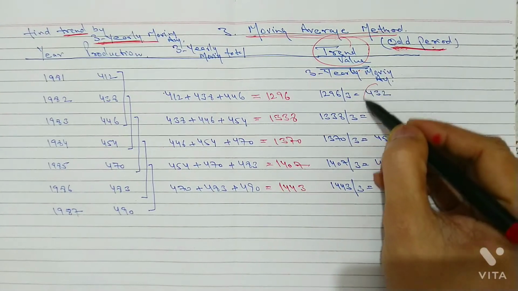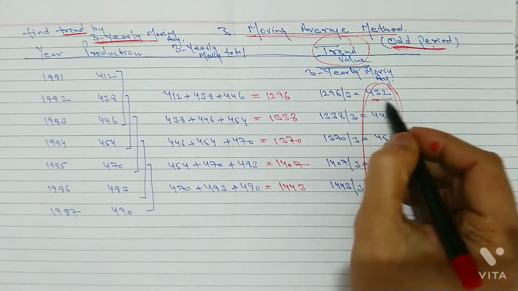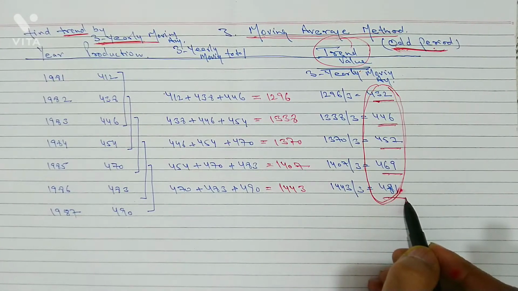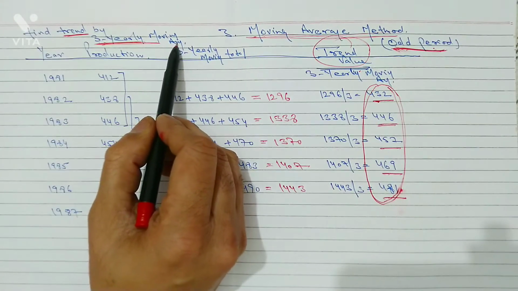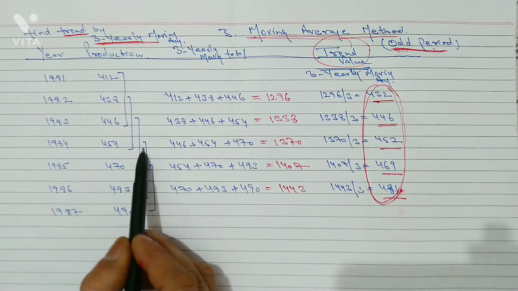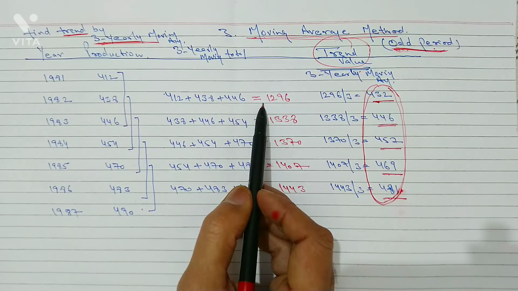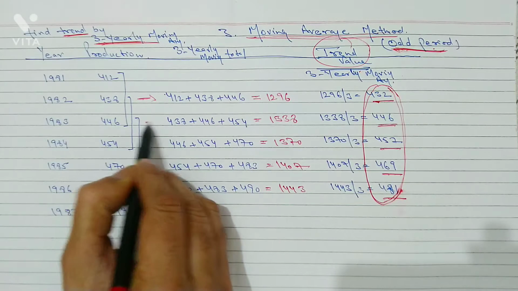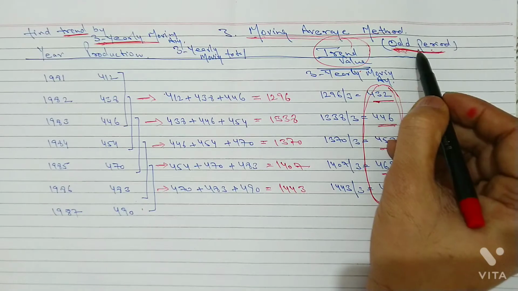So these values are trend values: 432, 446, 457, 469 and 481 by using 3 yearly moving averages. 3 yearly means total of first 3 terms, next 3 terms, next 3 terms and next 3, next 3. These are centered values. As we sum up this, the middle term lies in front of this. These are centered values for odd period of time.